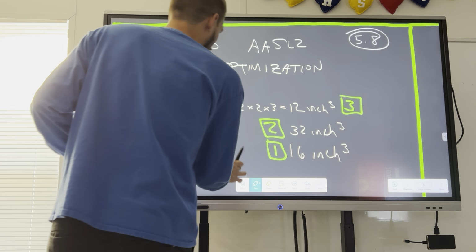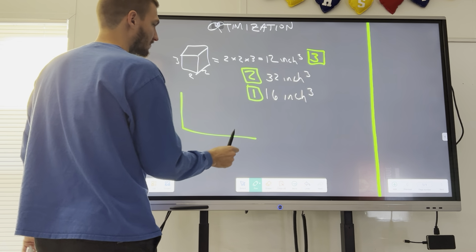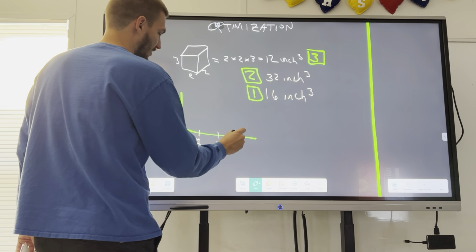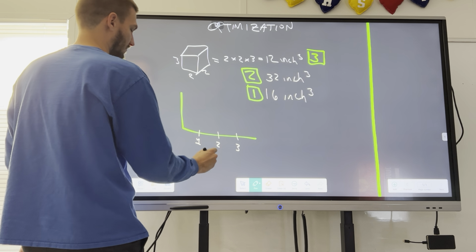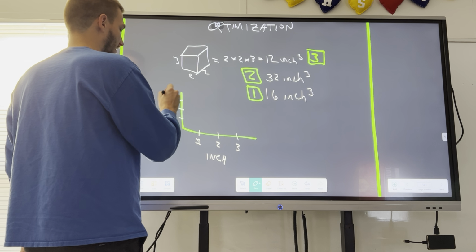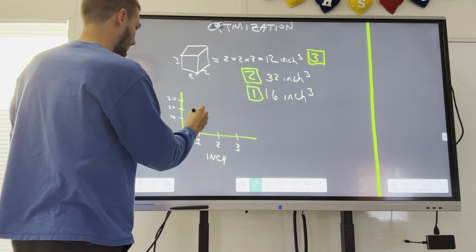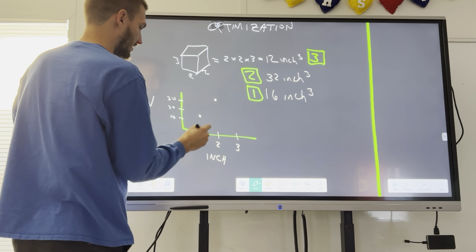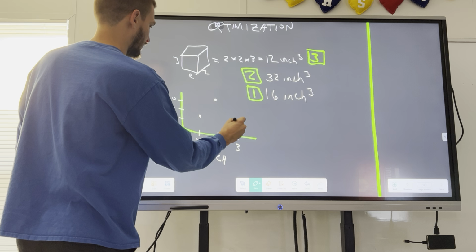If we thought about this and we graphed this, here's 1 inch, here's 2 inch, here's 3 inch, and then here's our volume. This can be 10, 20, 30. What we have so far is 16, which is right here, 32, which is right here, and 12, which is right here.